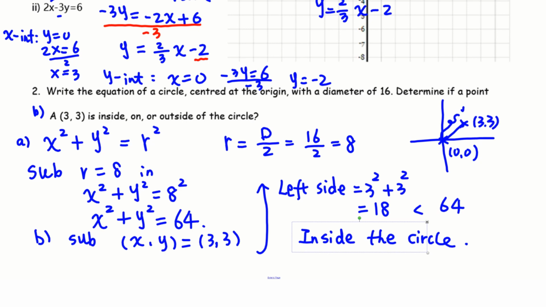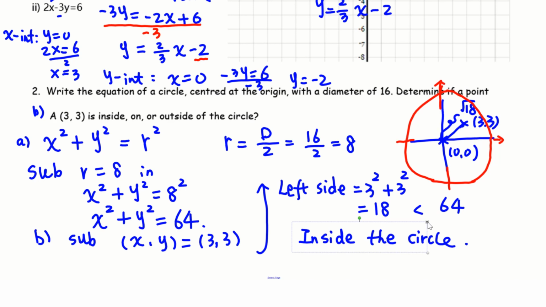If it's square root 18, then that is the distance between this point and there. And for the circle, you will see the radius is 8. So the radius is greater than the distance of that one. So that's the reason the point is inside the circle.